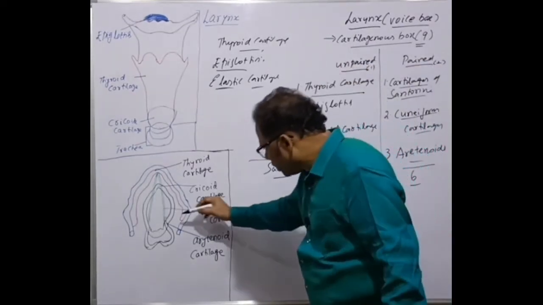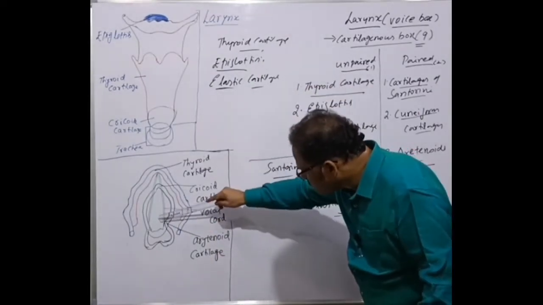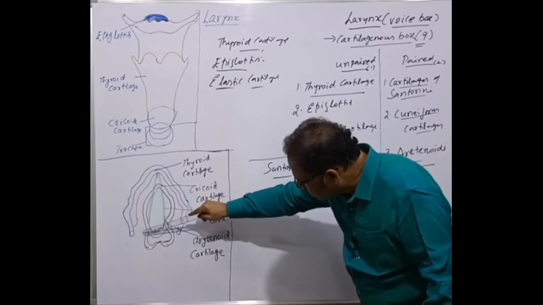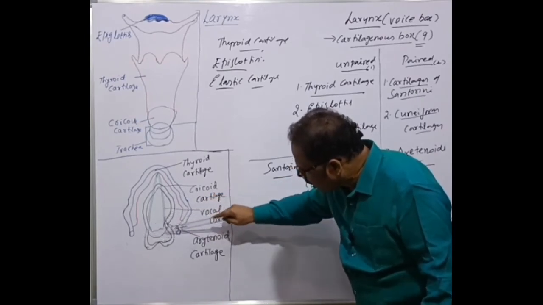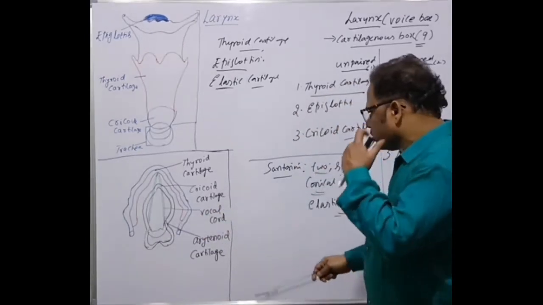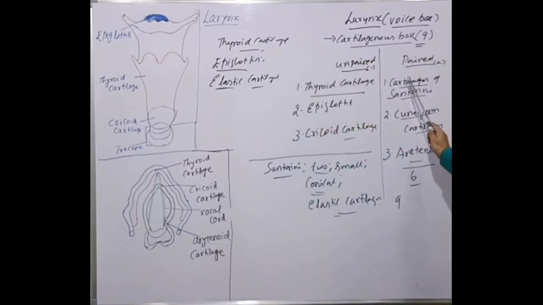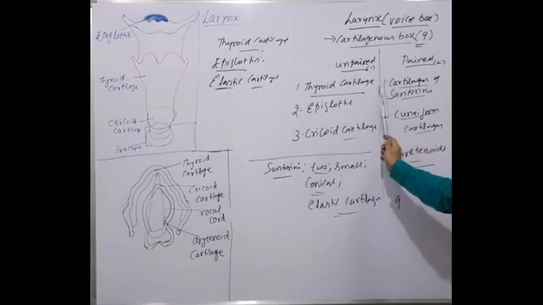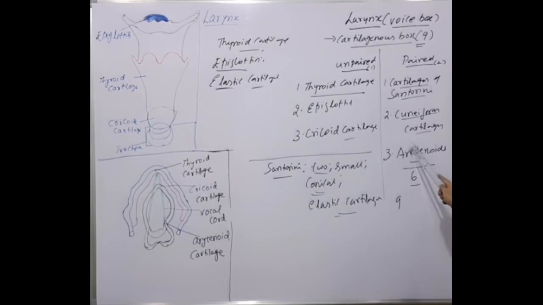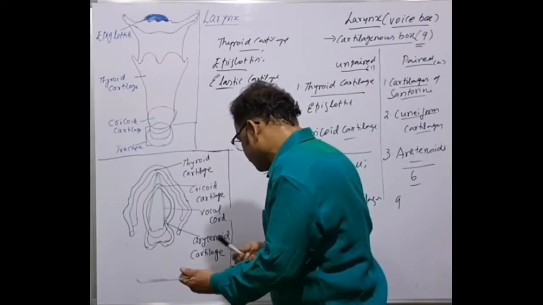See here, these are the arytenoid cartilages. Can you see all of you? This one is the arytenoid cartilage, and this is another arytenoid cartilage. Two are there, 1 and 2 arytenoid cartilages. They are in close contact with the cartilages of Santorini. That is, the Santorini cartilages are closely articulated with the arytenoids. They are present in and around here.